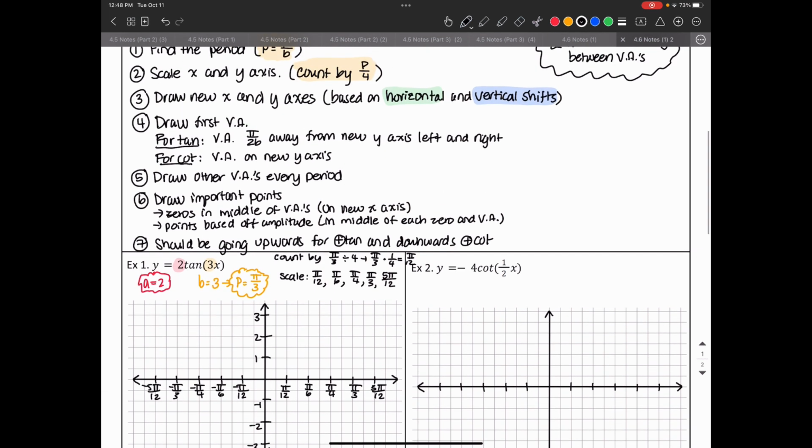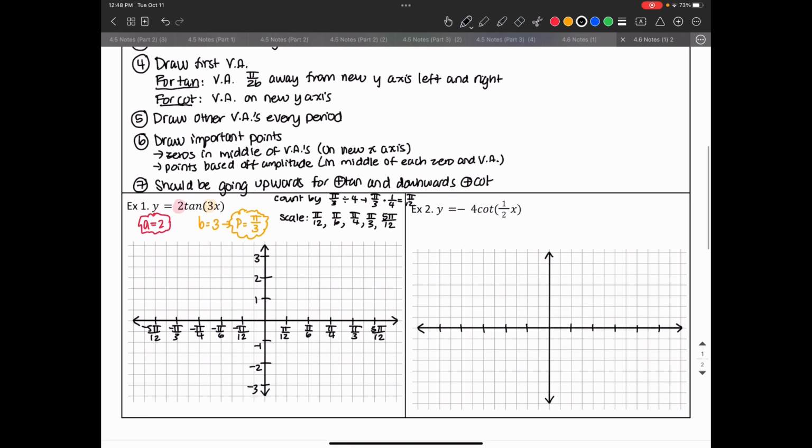And then I'm going to start plotting. The next step, step number 3, is to draw the new x and y axes. Fortunately, I do not have any horizontal or vertical shifts, so I can skip that step and go to number 4, which is to draw the first vertical asymptote. The first vertical asymptote, I have a tangent graph here, is going to be pi over 2b away from the new y-axis.